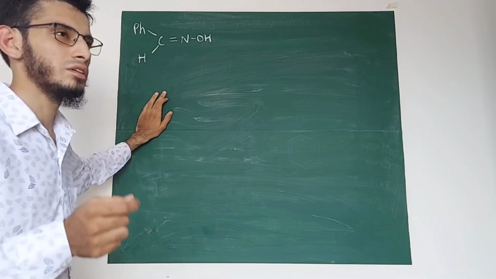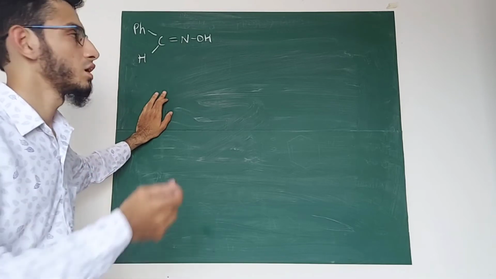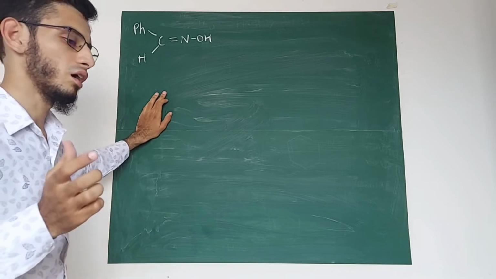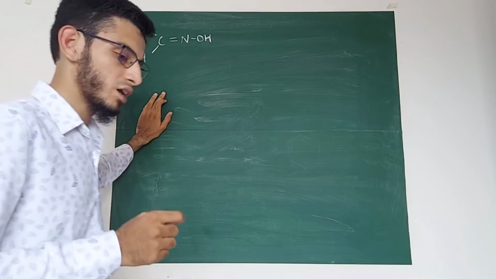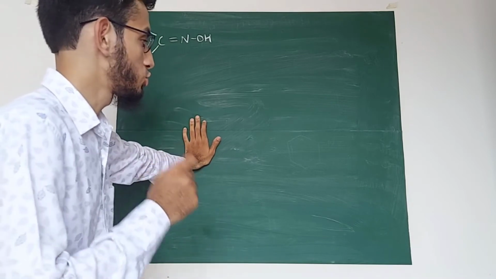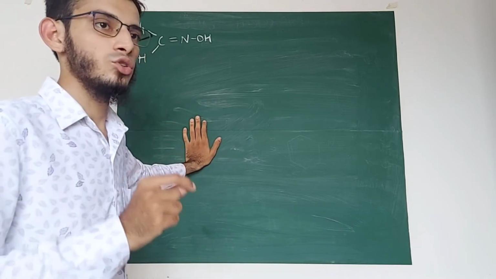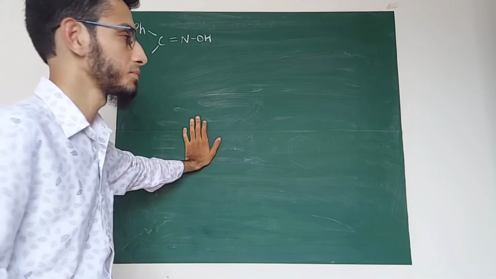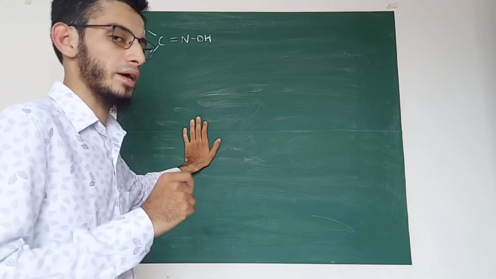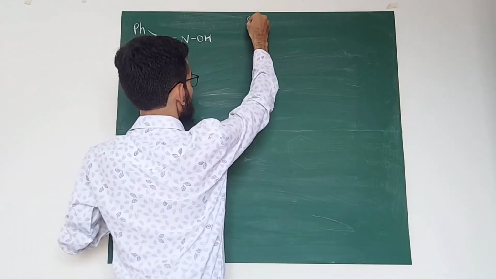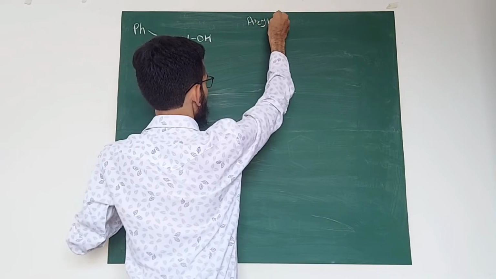Sometimes in some cases it gives us the product substituted amide, but generally we will get nitrile. So for migratory aptitude, if stereochemistry is not given, we should know that first the aryl group will migrate, then the alkyl group.